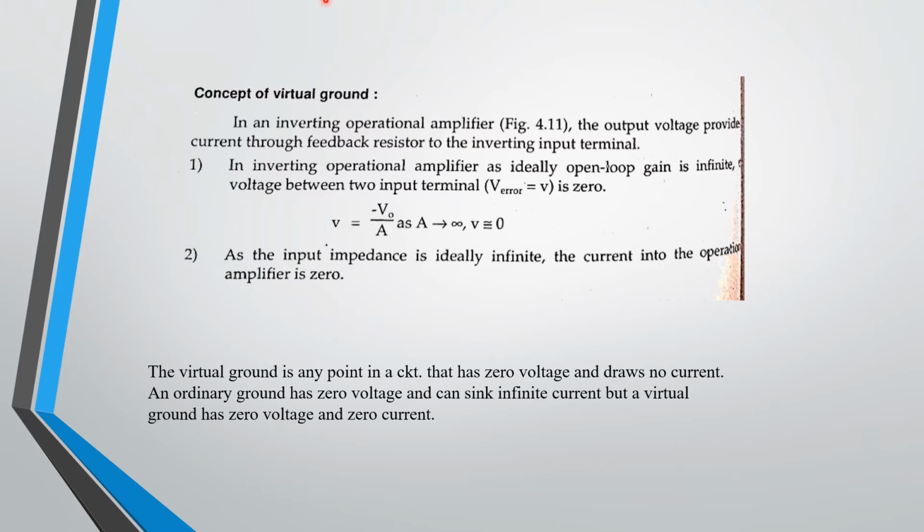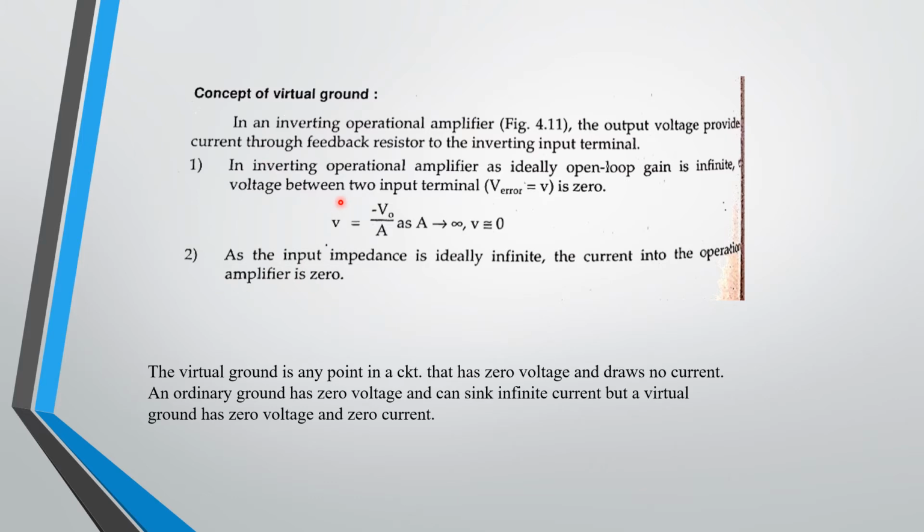The virtual ground concept is observed in the inverting operational amplifier. The current through the feedback resistor is absorbed by the inverting input terminal. So ideally in the inverting operational amplifier, the open loop gain is infinite.